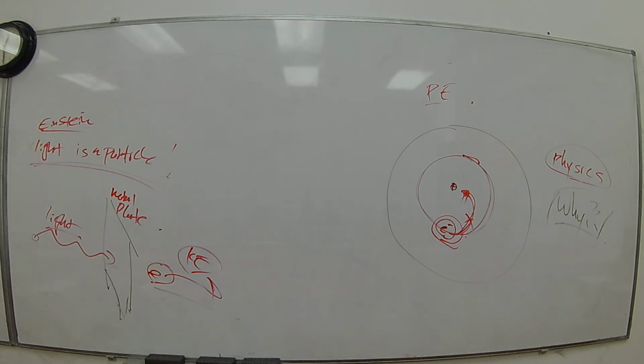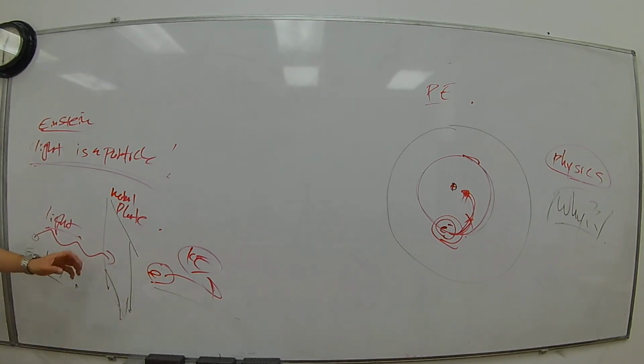The energy of the photon is E equals hf. Light shines on the metal plate, and this is how much energy was given to the metal plate. In order to take the electron out, you have to put energy in.